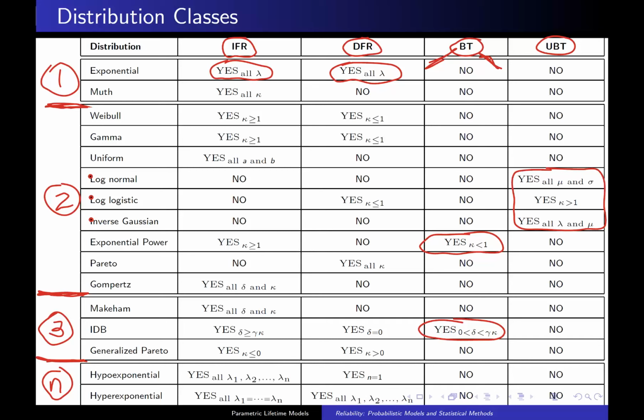But the good news is most things in the world are simply wearing out, and hopefully the infant mortality portion of the distribution has been taken care of by burn-in or some other fashion. But in that case, you can see you have plenty of choices in the IFR case to work with, and there's a lot of software out there that will fit various distributions to data sets.